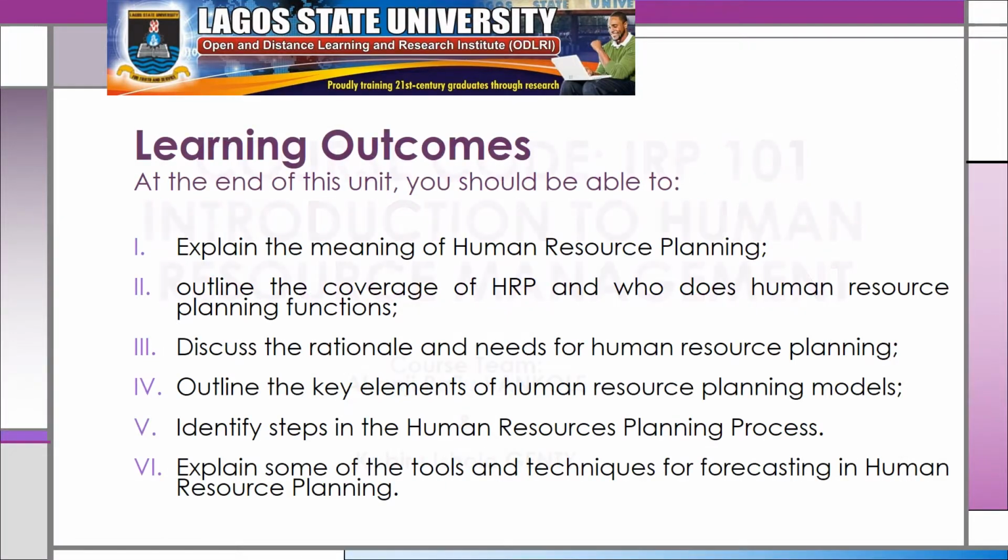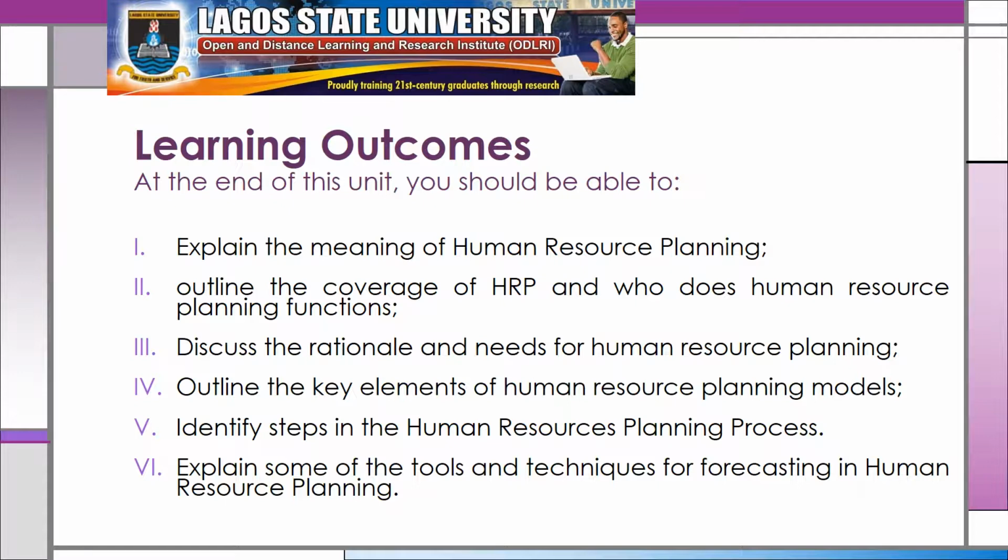So now, which is lesson 5, we'll be talking about the meaning of human resources planning. This is just one aspect of the human resource management function. So we'll be outlining the coverage of human resources planning and who does the human resources planning functions in an organization. Similarly, we'll be talking about the rationale and the need for human resources planning.